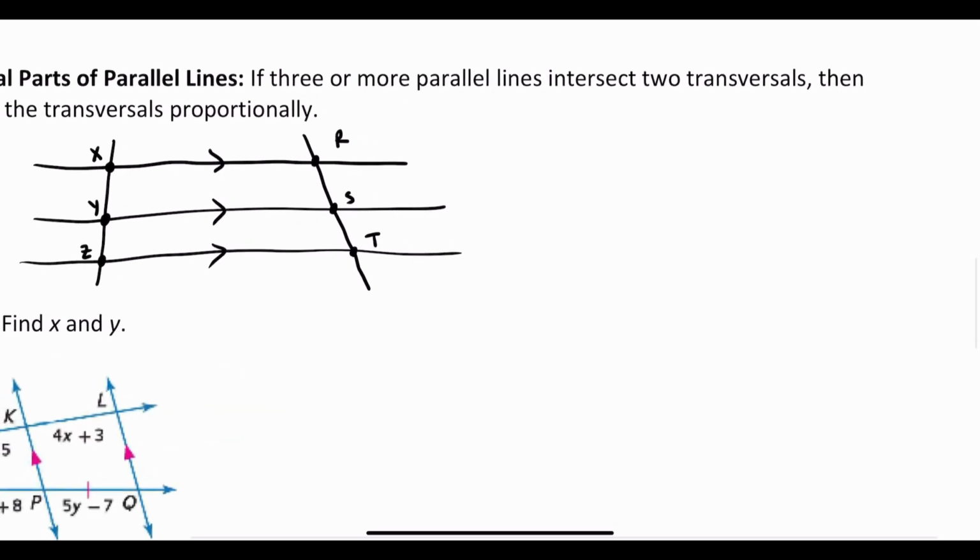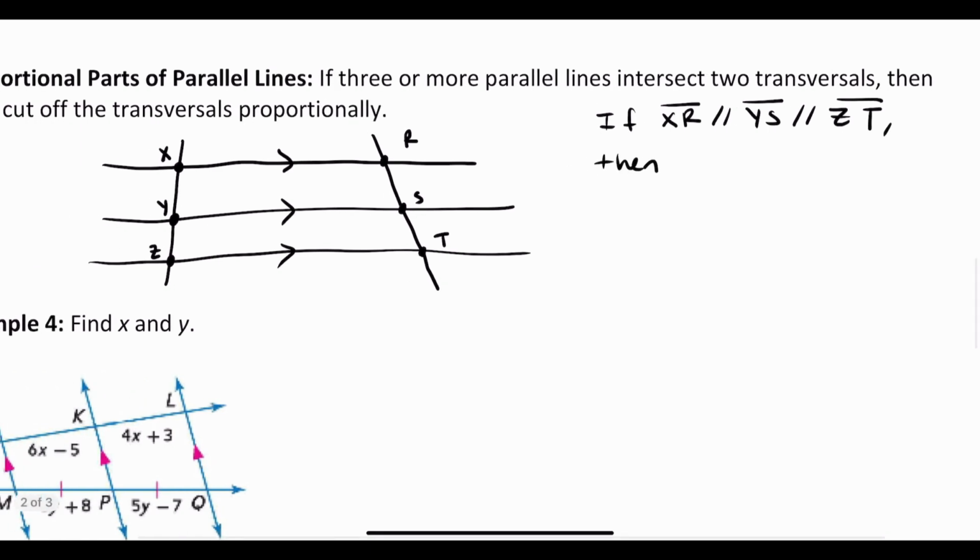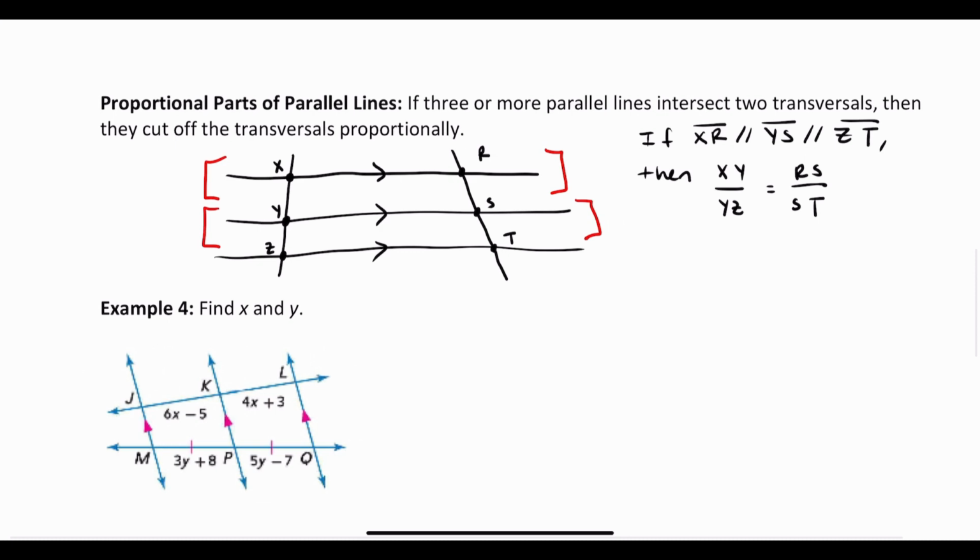If segment XR is parallel to segment YS, which is also parallel to segment ZT, then we can take this part over this part, so that's XY over YZ, and set that equal to this part over this part, so that's RS over ST. This is the proportional parts of parallel lines.